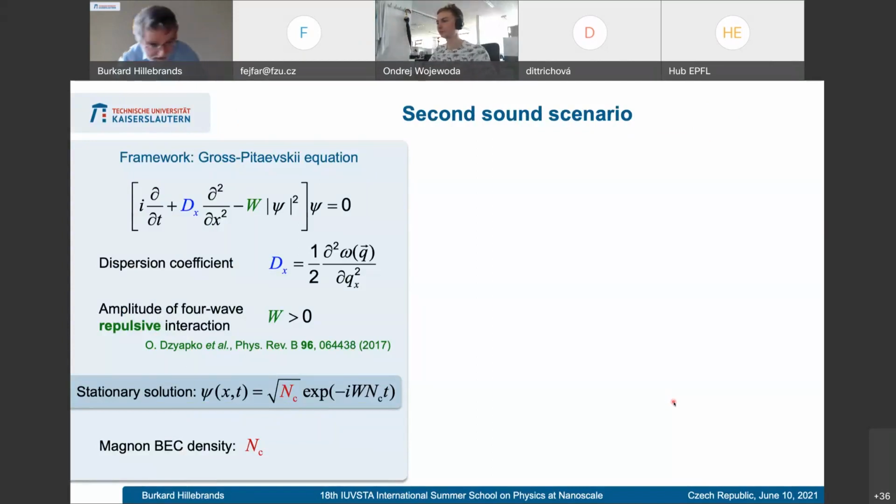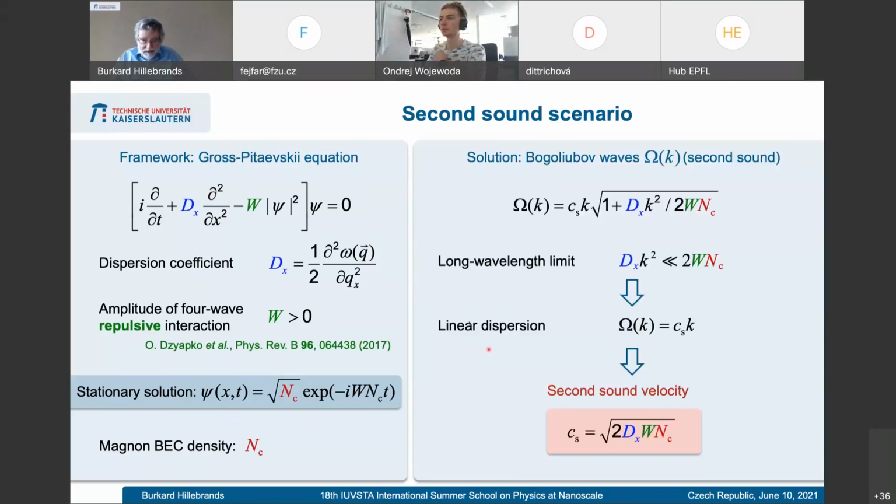Okay, thanks. And this is actually the scenario which you know from second sound in ultracold helium. And what one has to do now, I have not shown much theory, and I will only show this equation. You have to solve the Gross-Pitaevskii equation, and you will end up with a condition which looks like a sound velocity equation, and I skip the details here.